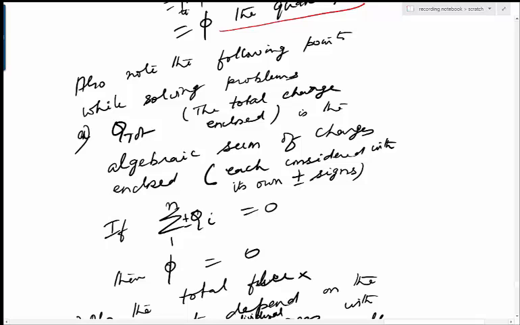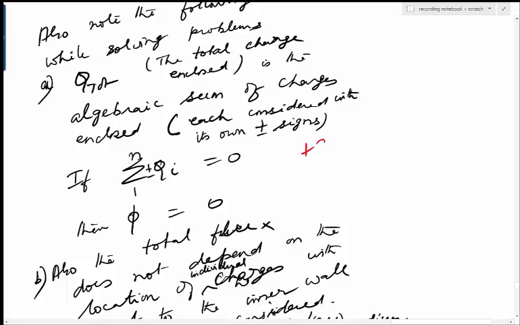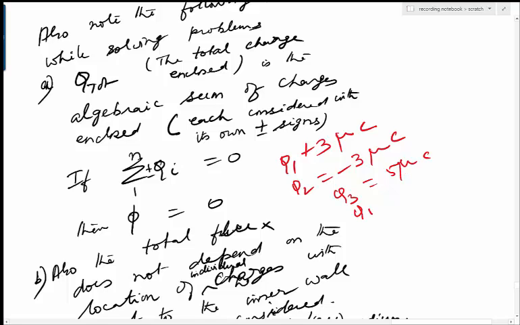If the sum of Qi is equal to 0, supposing Q1 is equal to plus 3 microcoulomb, Q2 equal to minus 3 microcoulomb, Q3 is equal to 5 microcoulomb, Q4 is equal to minus 2 microcoulomb, and Q5 is equal to minus 3 microcoulomb.